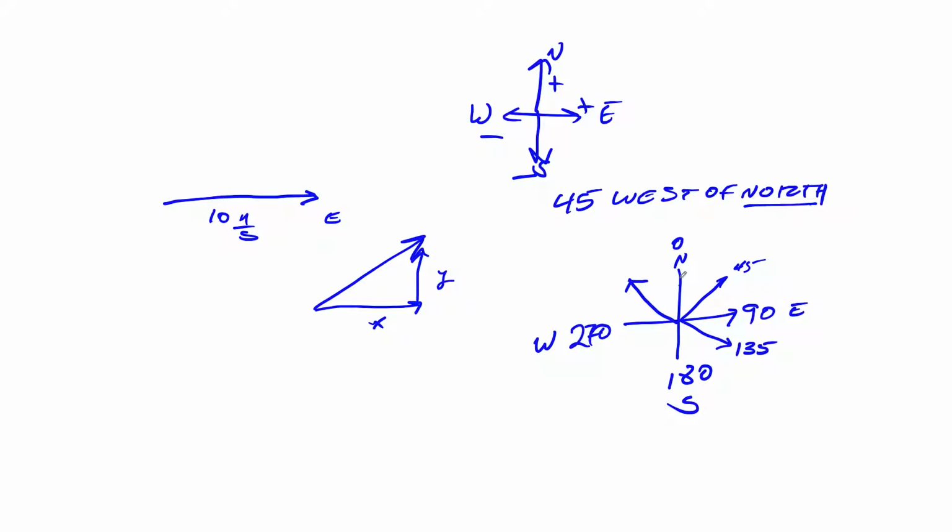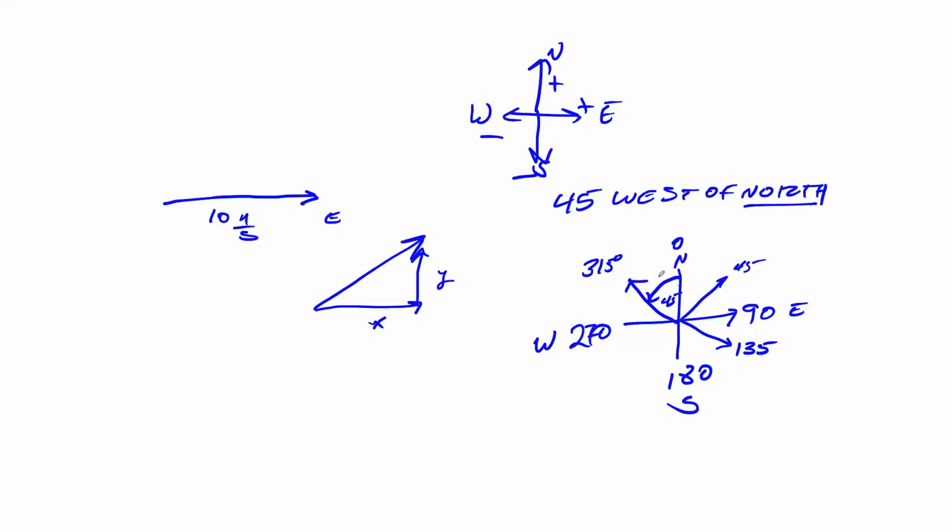So you go from north and you go west 45 degrees. So this angle is 45 degrees. You should realize that this is going to be 315 degrees, the direction it travels.